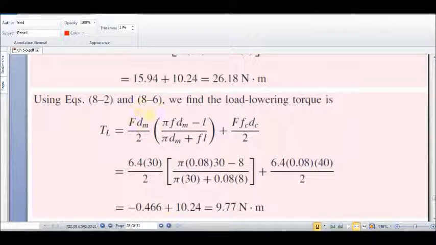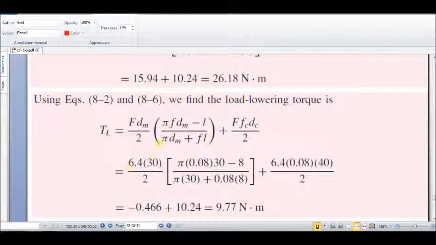Again, when you want to calculate the lowering torque, that means the torque that we need to lower down the load, we have to add this collar friction or collar torque, because at the load lowering, the friction between the collar and nut exists, and we cannot ignore this friction.